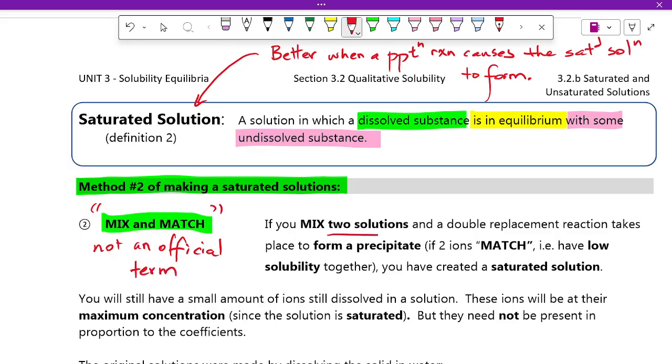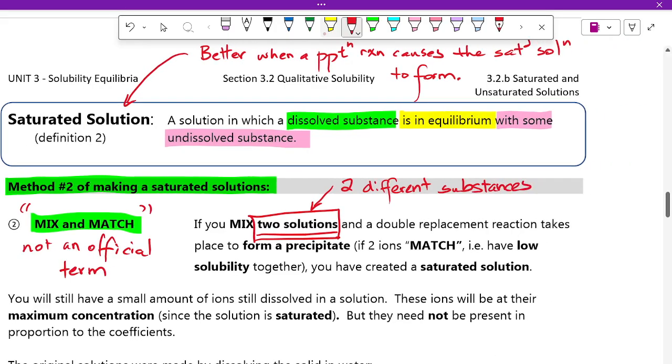And the key here is that you have two solutions, two different substances. So for example, we might have calcium nitrate plus sodium fluoride.